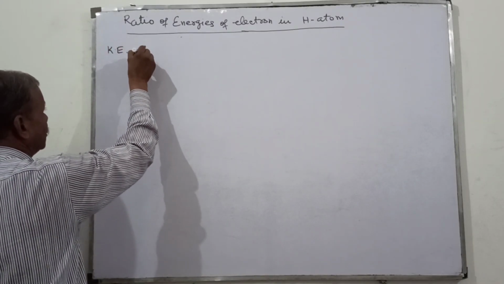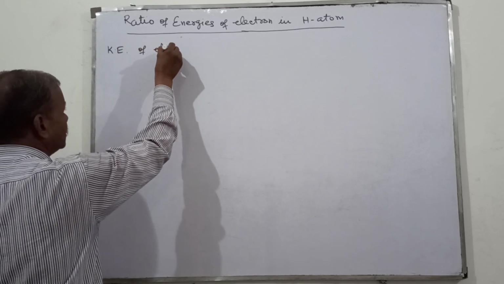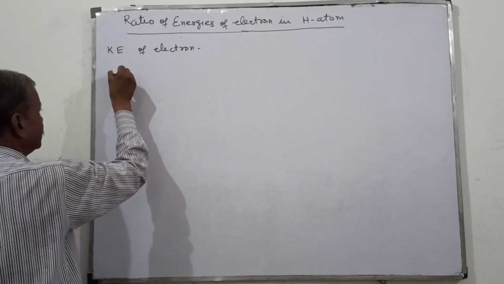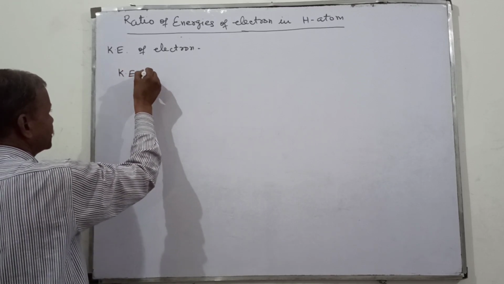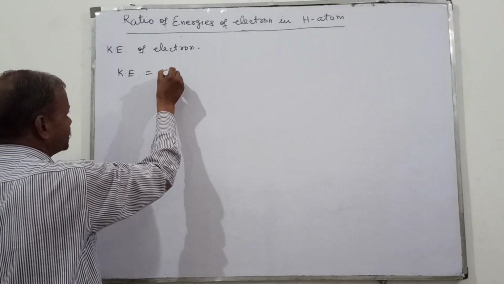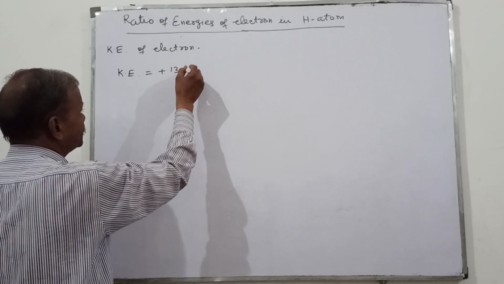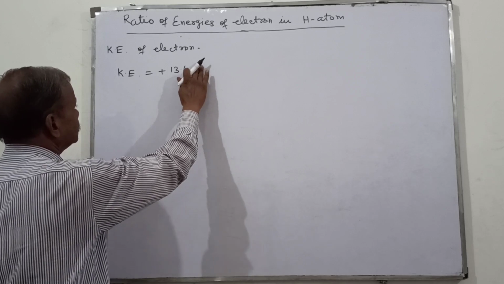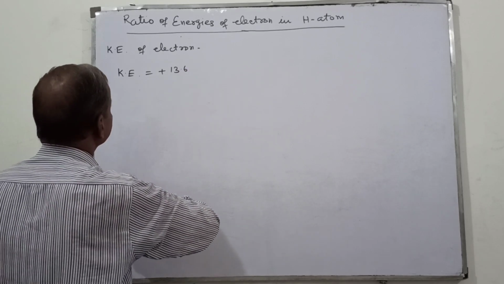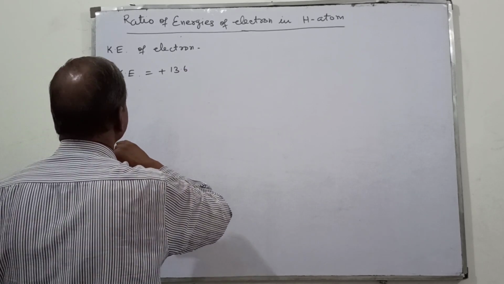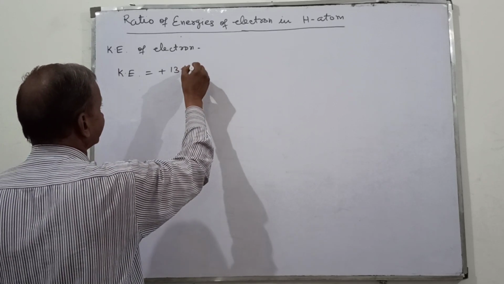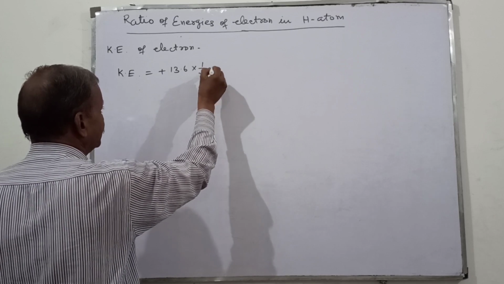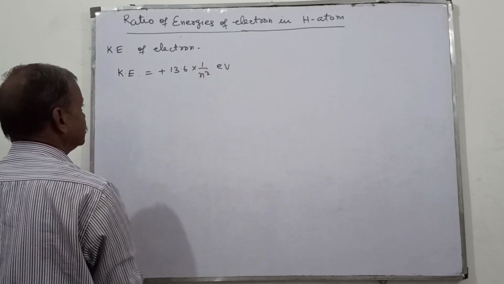Kinetic energy of the electron is equal to plus 13.6 into 1 upon n square electron volt.